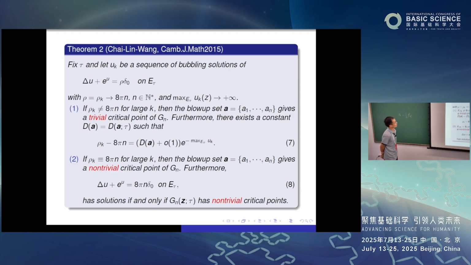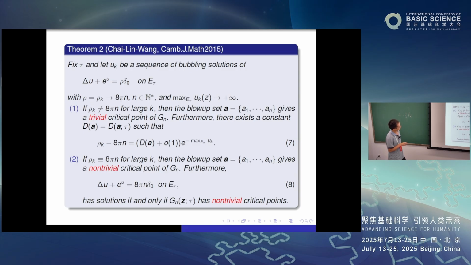So I will consider the critical points of this G_n. Let's consider the blow-up phenomenon of this equation. Let rho equal rho_k tend to 8 pi n, and u_k be a solution. Assume that this sequence of solutions blows up.